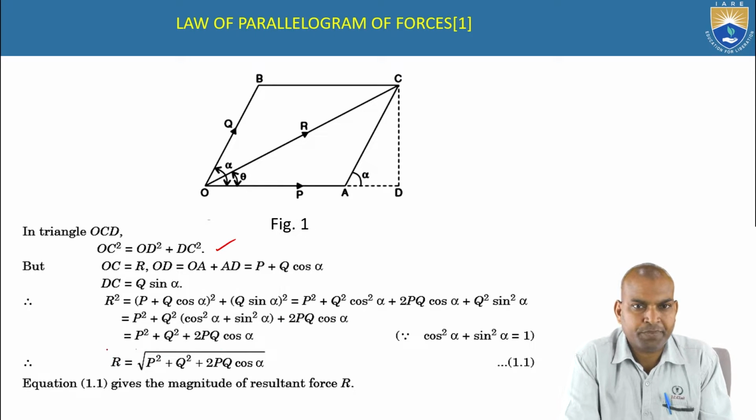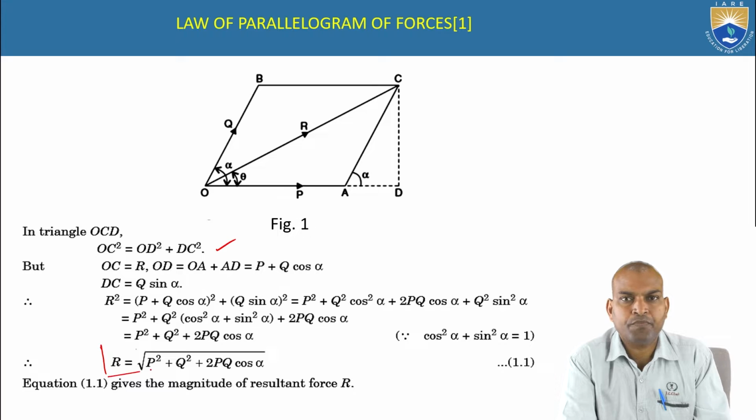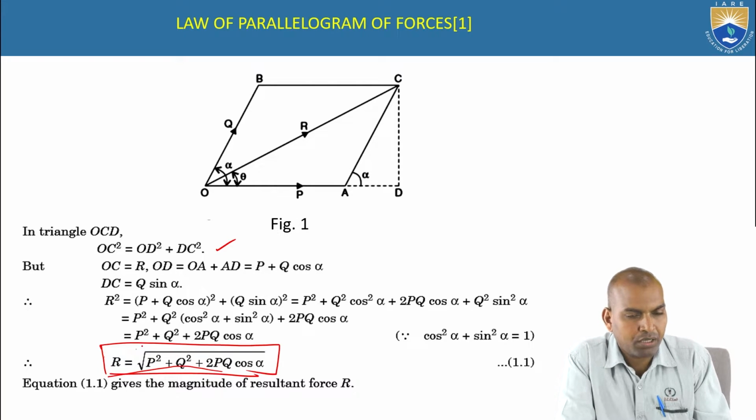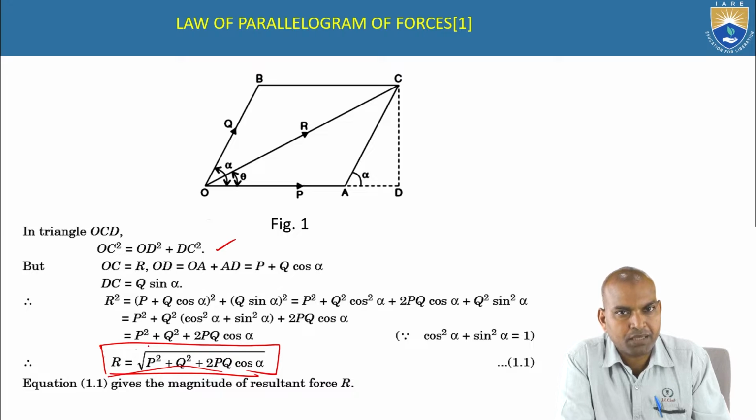Then the equation obtained for the resultant force equals the square root of P square plus Q square plus 2PQ cos alpha, where alpha is the angle made between OA and OB.